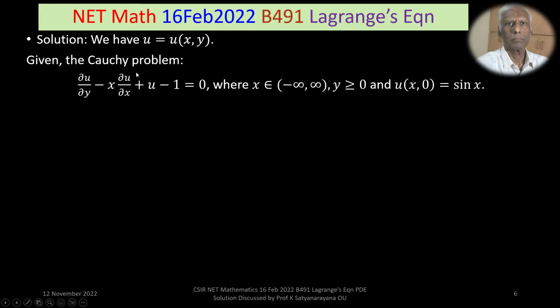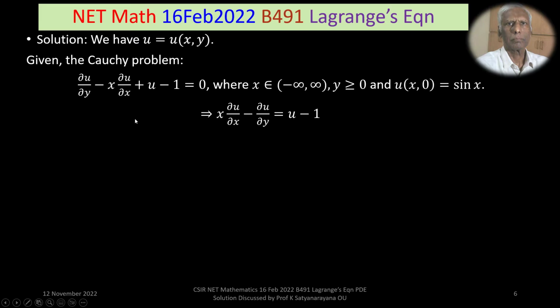That is a special class of Cauchy's problems. Now del u by del y minus x del u by del x plus u minus 1 is equal to 0 with u at x comma 0 is equal to sin x.